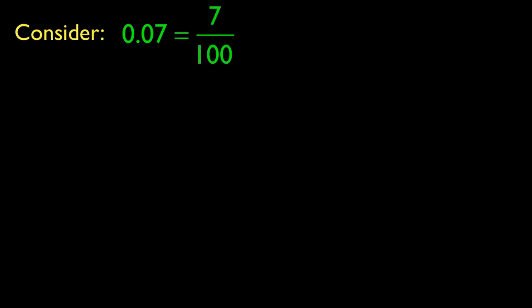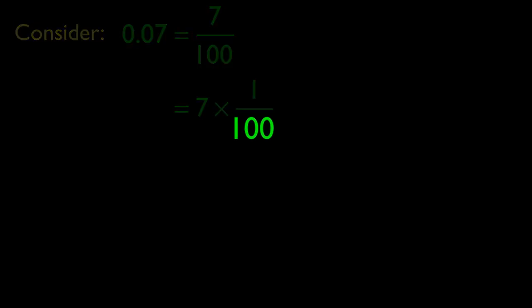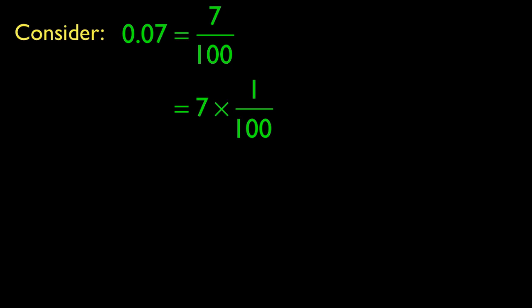Well, I can just as easily break up that fraction and write it as 7, the whole number, times 1 over 100. And then I look at that 100 as I did in the previous video, and I say, gee, I could probably write that as a power of 10. And I do in my next step, I say, this is equivalent to 7 times 1 over 10 squared.